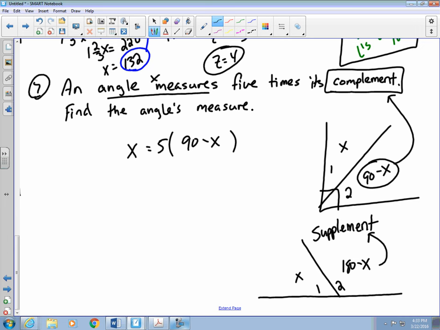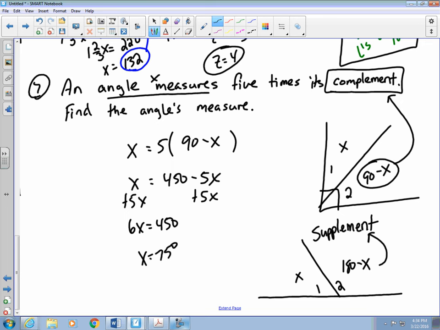So we just distribute through and combine like terms. So we got 450, and then here's the like terms, and then we can divide by 6, and we can get 75. So it's a 75-degree angle.